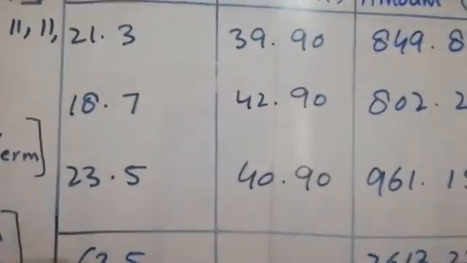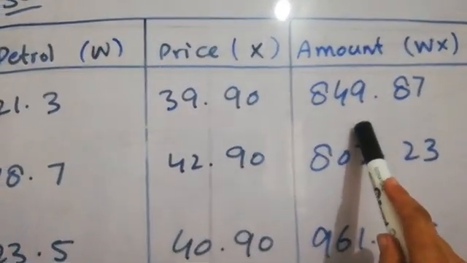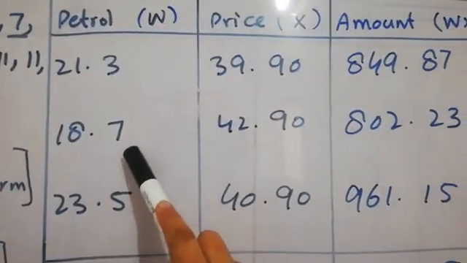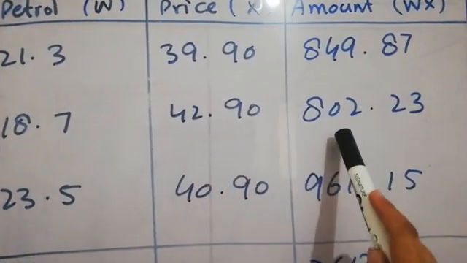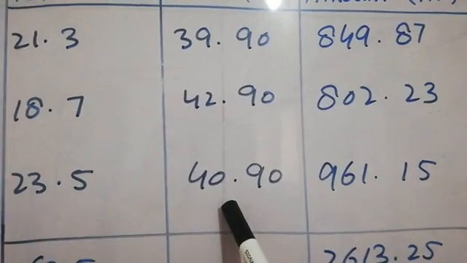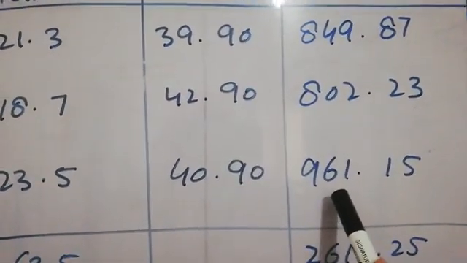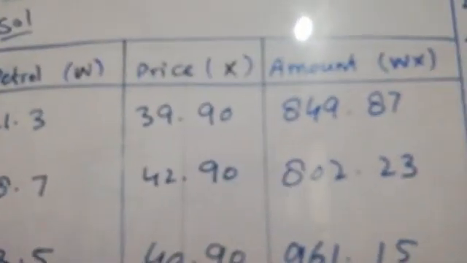And after that we will multiply 21 by 39.9, we will get this answer. Then 18.7 multiplied by 42.9, the answer is 802.23. When we multiply 23 by 40, the product of these two values is 961.15.